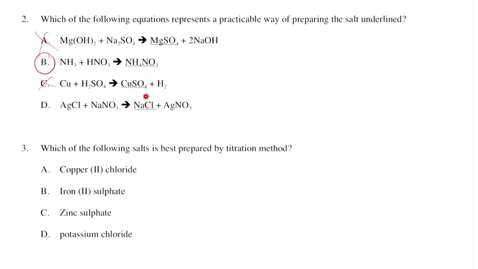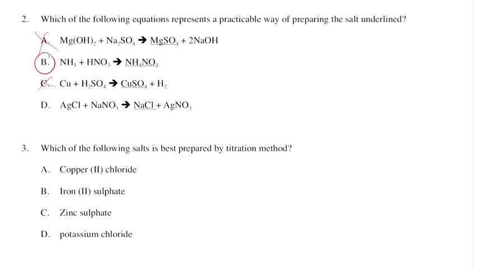Okay, so the target salt is sodium chloride, which is a salt that contains sodium ion. So we should expect to use an acid to react with a base that contains sodium, or a carbonate salt that contains sodium.